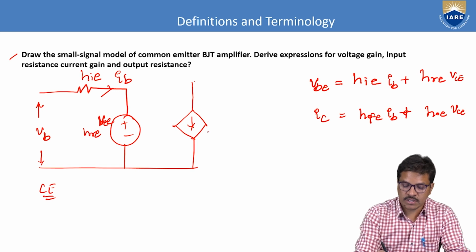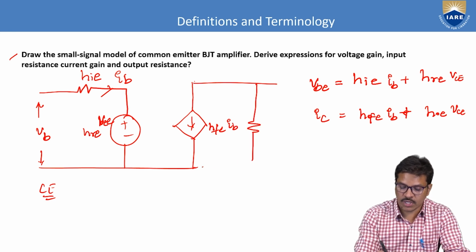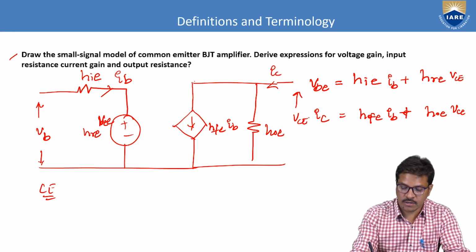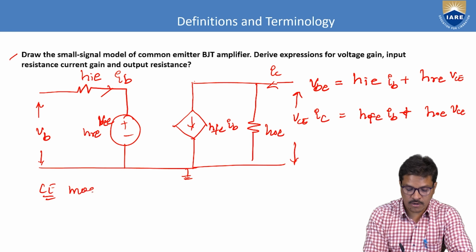So this is HFE IB, in parallel with HOE. It is the IC current, with VC as a voltage source, and this is ground. This is the common emitter configuration, the common emitter model.